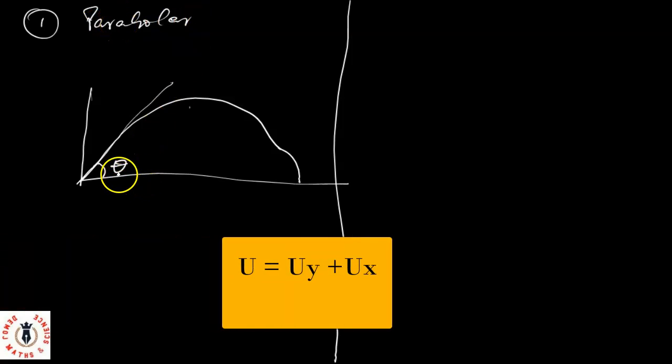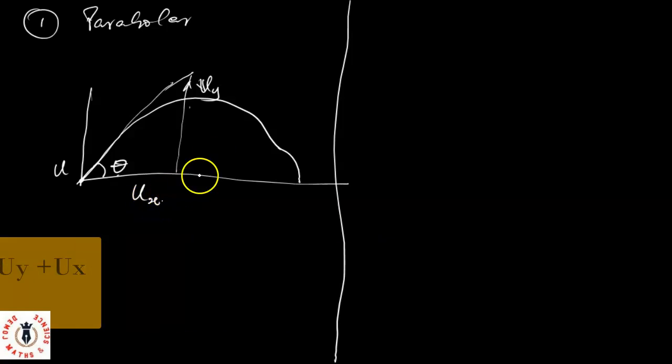Number two is that this angle at which it is thrown with an initial velocity of u, and this velocity can be resolved into two major components. That is, it can be resolved into the y component, let's call that uy, and into a horizontal component, let's call that ux.